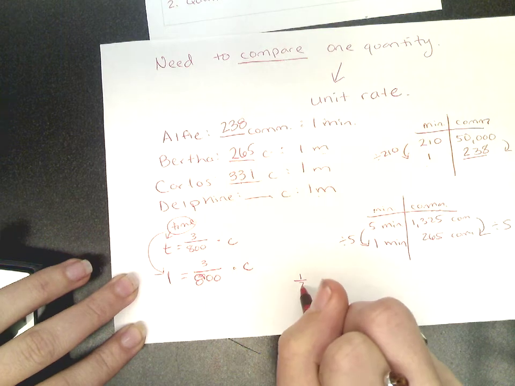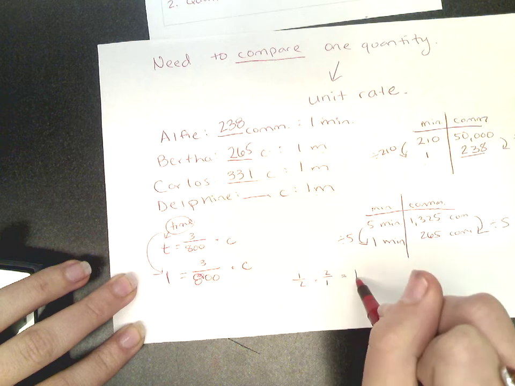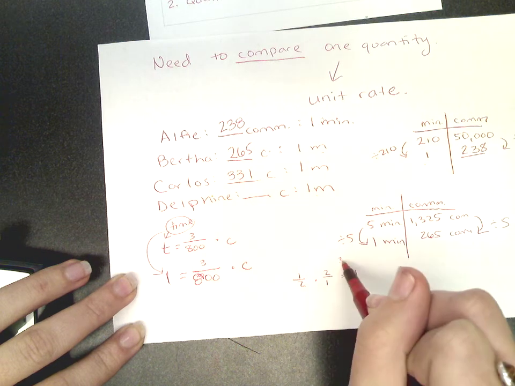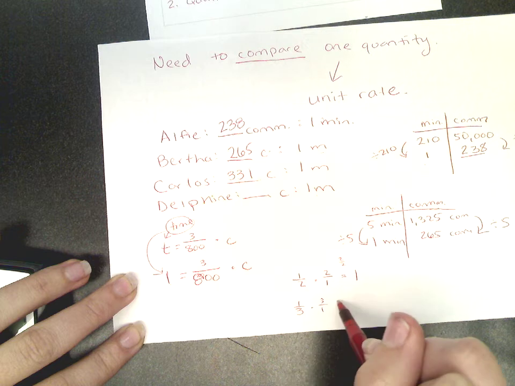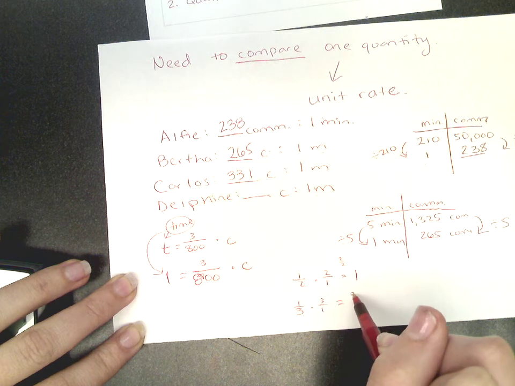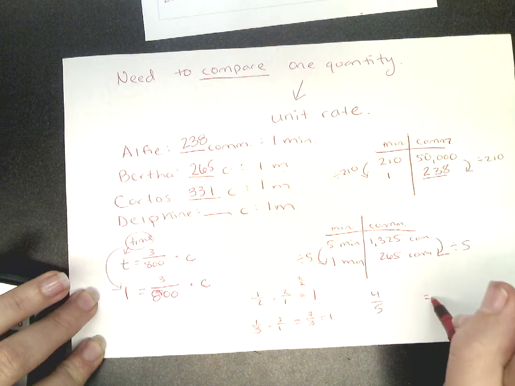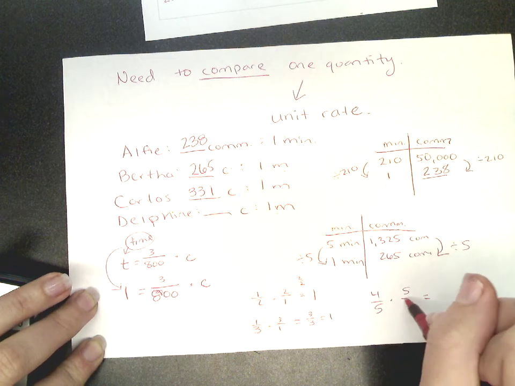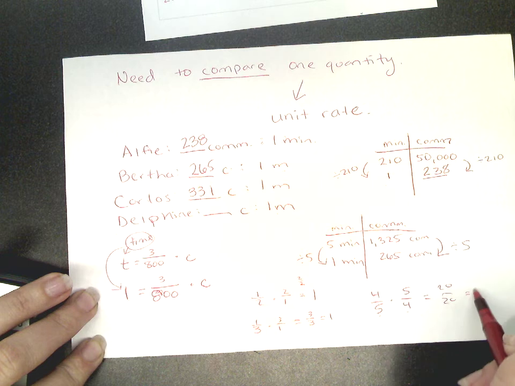If I were looking at 1/2, 1/2 times 2 over 1 would get me to 1, because then I would have 2 over 2. If I did 1/3, I could multiply that by 3 wholes, because that would get me 3 over 3. If I had 4/5 and I multiply that by 5/4, now I'm going to have 20 over 20, which is 1.